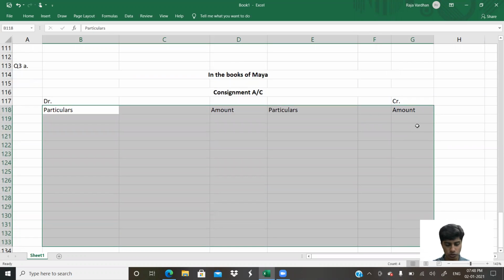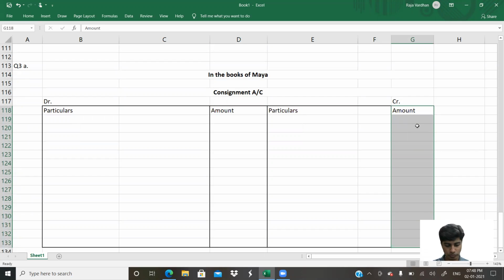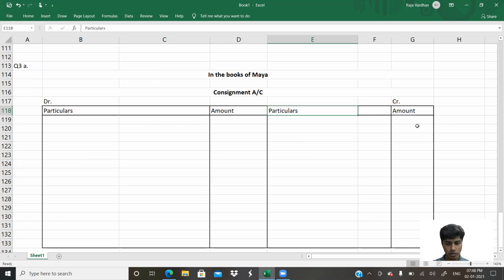However, you can skip that if you don't need it. I'm just making it for the sake of provisioning. So by this, my ledger account format is ready.